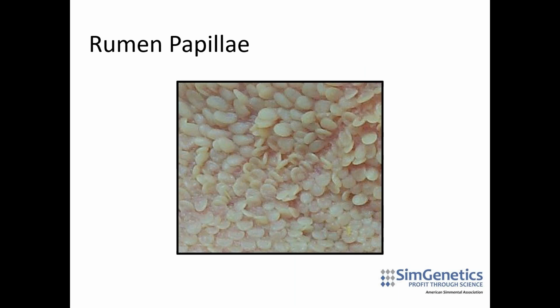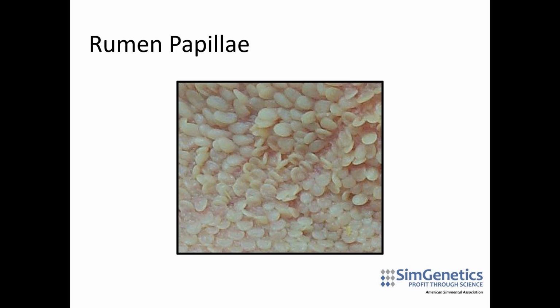Okay, so this is a picture of the inside wall of the rumen of a cow. There you can see that we have these little projections, these little fingers that stick out into the middle part of what we call the lumen.